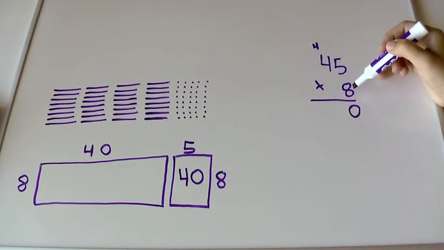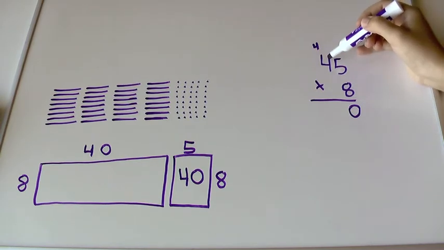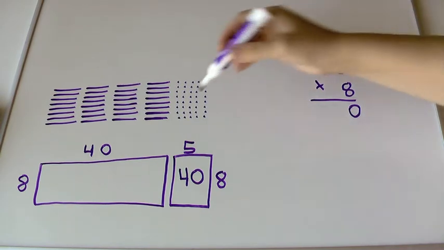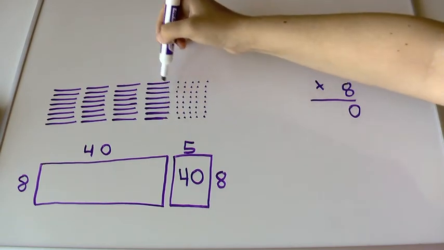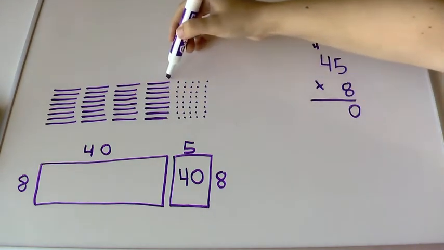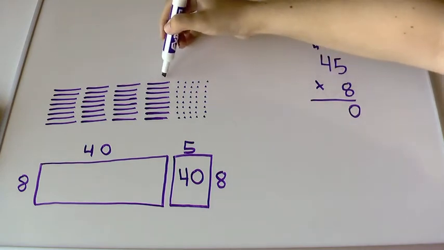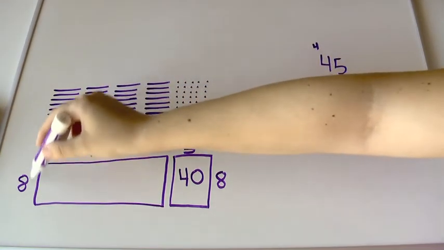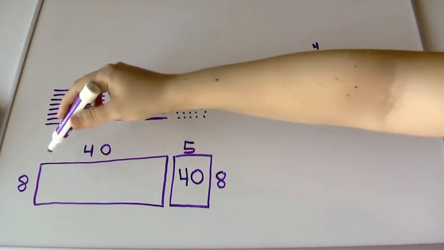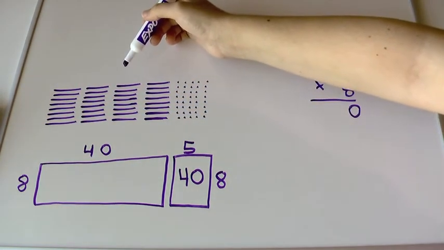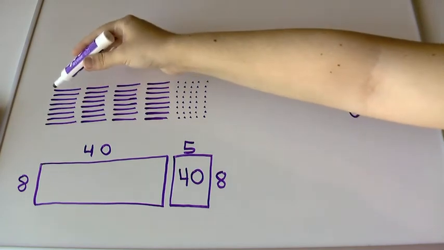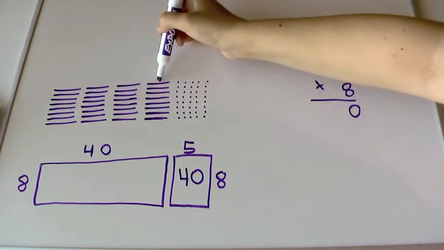The next thing we do is 8 times our 4 tens, or 8 times 40. So that's 8 here going up, and that's 40 across, or 4 tens across. And if you're looking here, 8 on this side, 40 on this side. So 8 times 4 tens is how many tens?